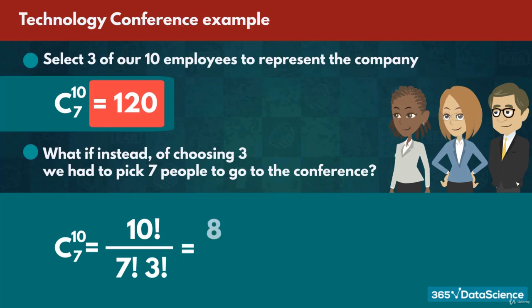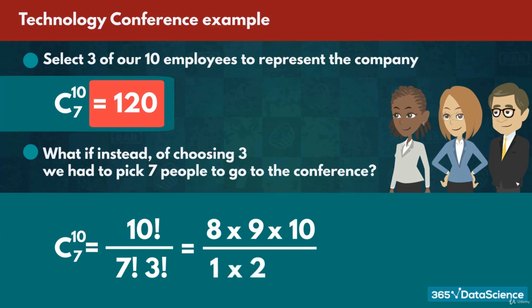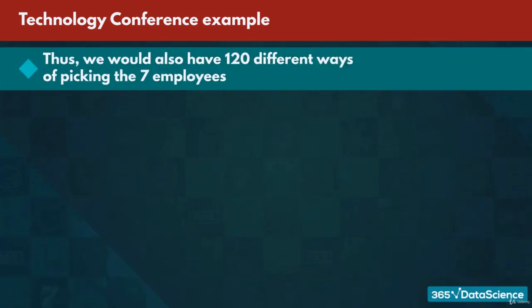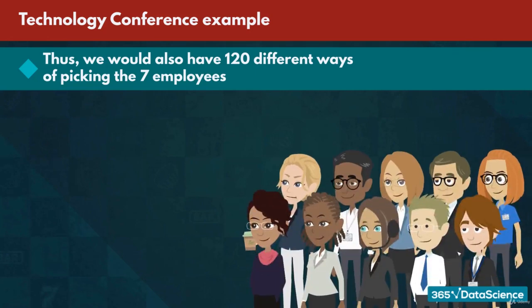That's equivalent to 8 times 9 times 10 over 1 times 2 times 3, or 720 divided by 6, which is 120.